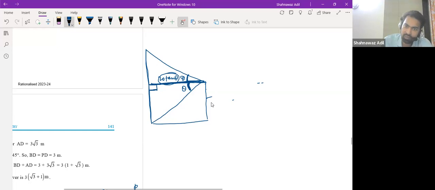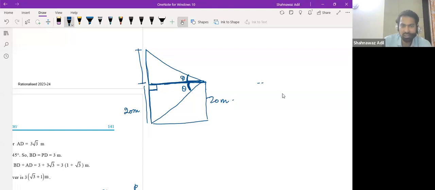So this is 20 meters, right Shaima? Yes, sir. And what is the thing that we have to find out? We have to find out this distance. If we find out this distance, then we can just add these two and we will find out the height of the tower.